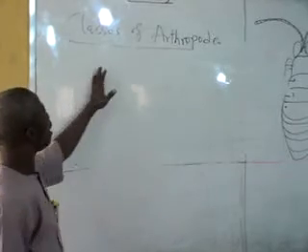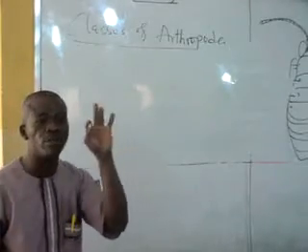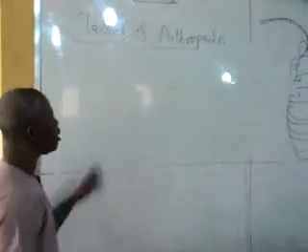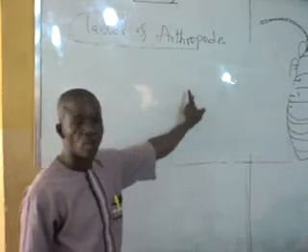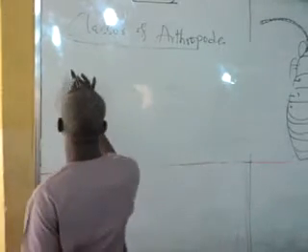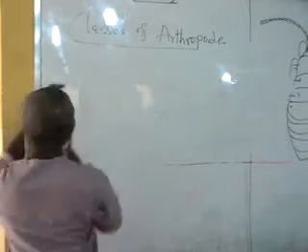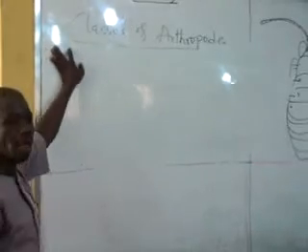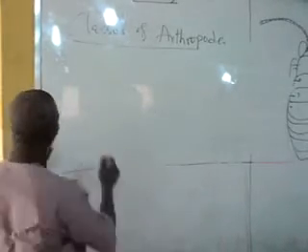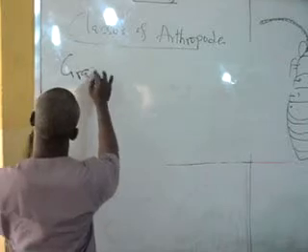So we are going to point out just a few differences between the two classes that we are able to look at. Now we looked at class Insecta. So let's pick a representative organism, maybe the one that we have used, grasshopper.